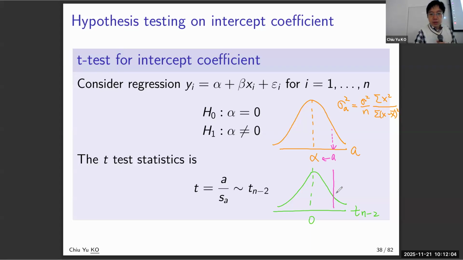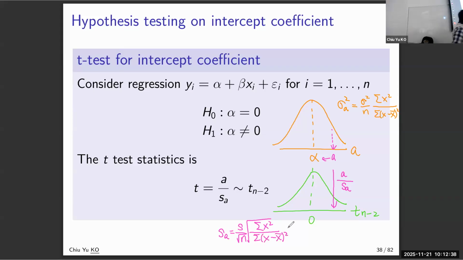It will be A divided by S of A, right? S of A will be just you replace sigma by S and you take the square root. S of A, just to remind you, will be S over root n and the square root of the sum of X minus X bar square.